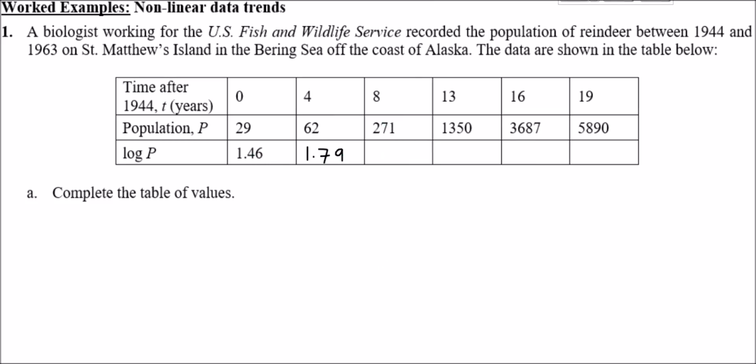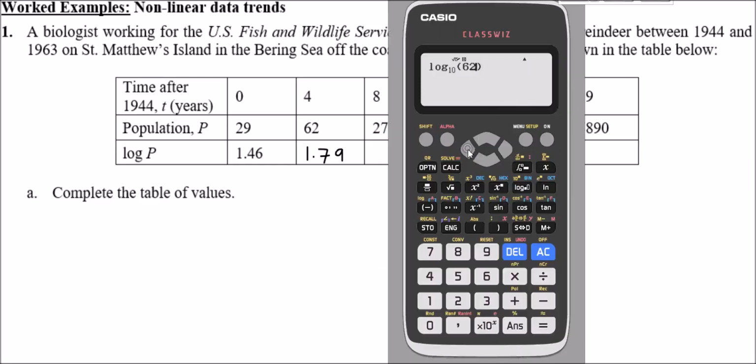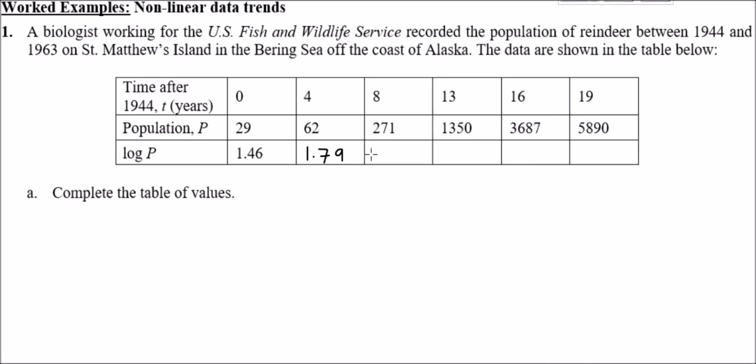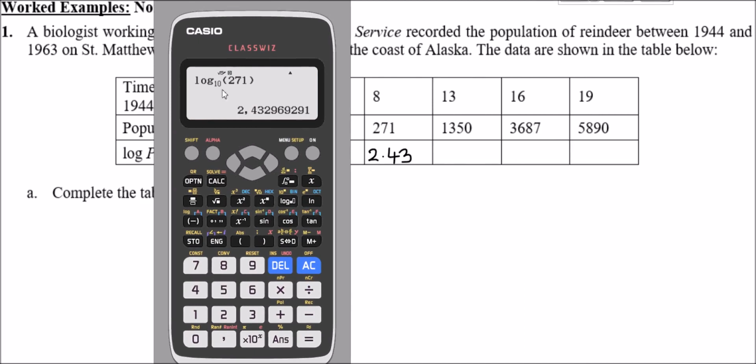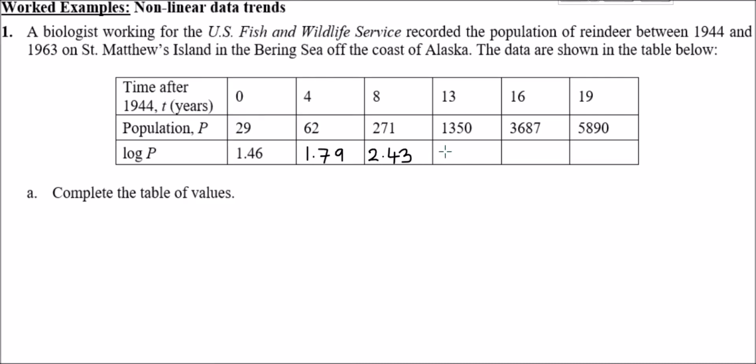The next one, 271, so if I take log base 10 of 271, that gives me 2.43. The next one, if I take log base 10 of 1350, that gives us 3.13.